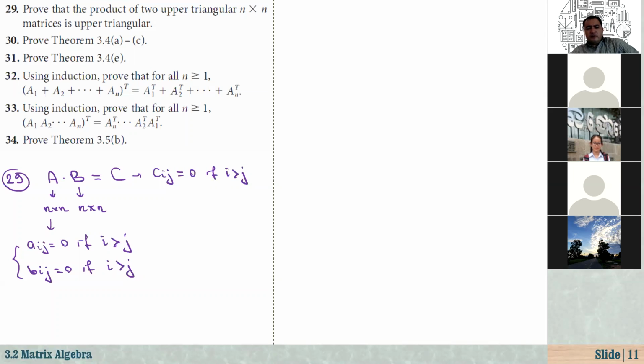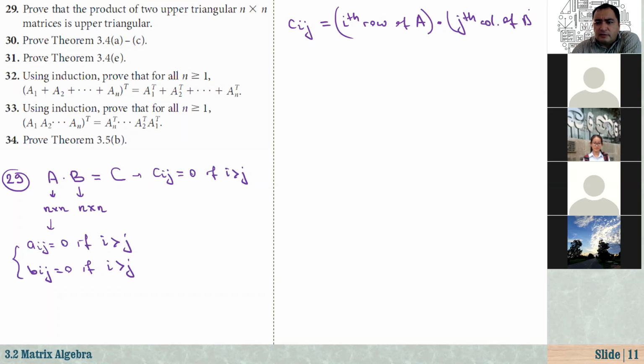Okay, so now by definition, how do we find Cij? Actually, we know that this Cij is equal to the ith row of matrix A times, a dot product, actually it's just multiplication and dot product, the jth column of B, right?